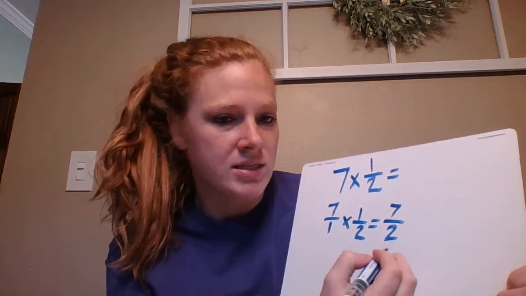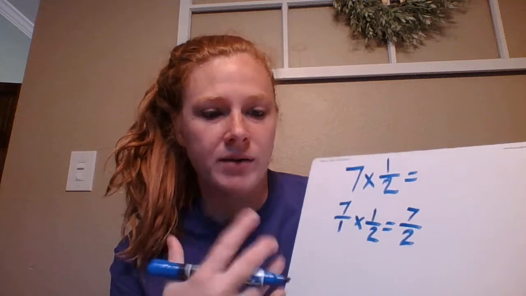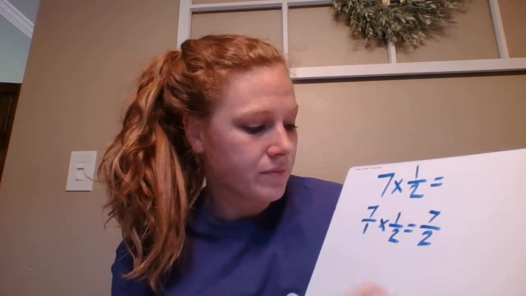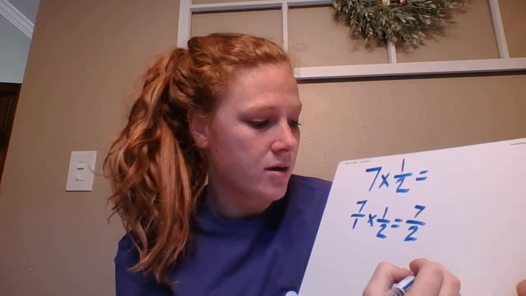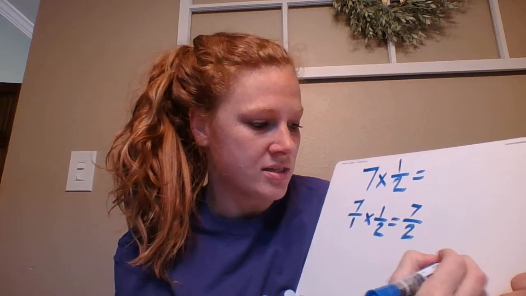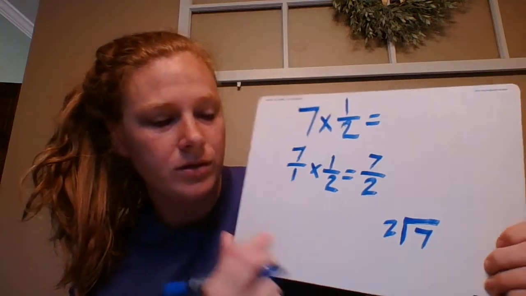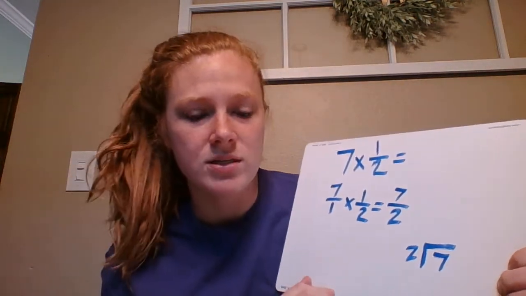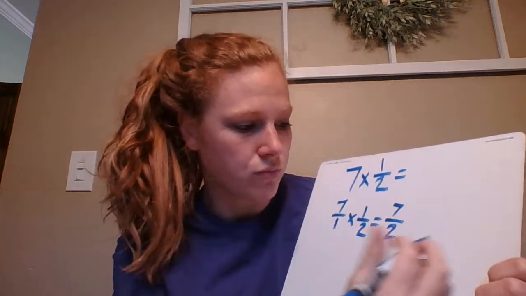One way we could do this is we could split it apart a bunch of times until we got how many wholes there were. Oftentimes, if there's more than 1 whole in this number, it's easier if we just divide. So if I were to divide 7 by 2, I can see how many times 2 goes into 7. Let's count by 2s. 2, 4, 6. So 3 times.